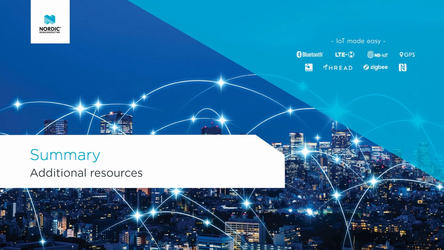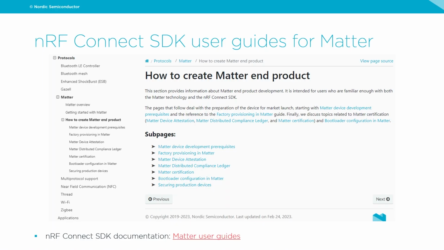To summarize, I would like to point you to very important resources. The first is nRF Connect SDK documentation for Matter. It includes several user guides such as Matter Overview, Getting Started with Matter, or How to Create Matter End Product, which was the topic of today's webinar.